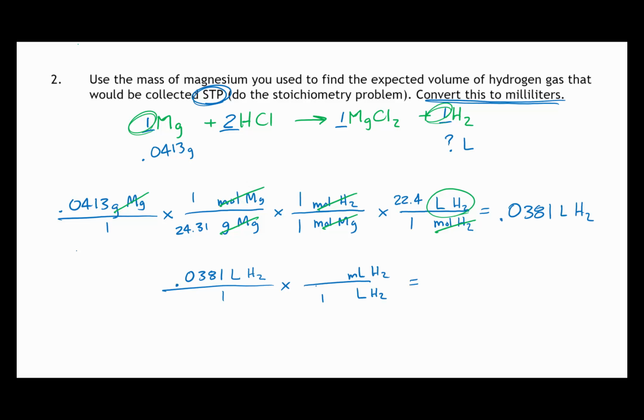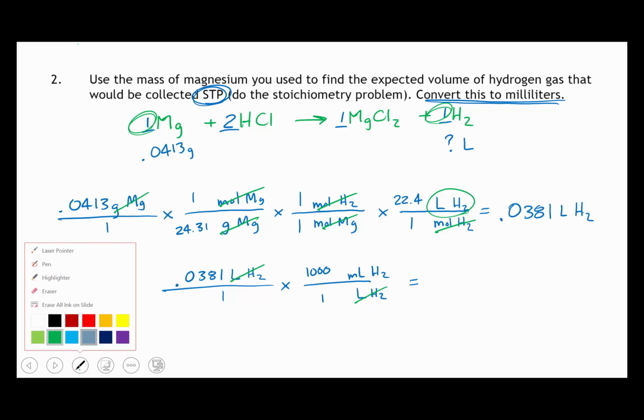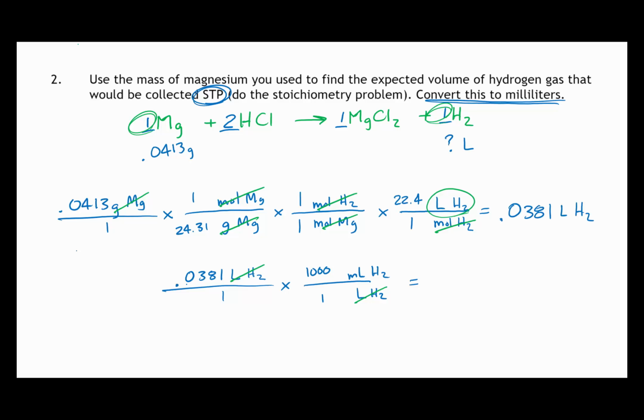The milliliter to liter ratio is 1,000 milliliters for every 1 liter. Go ahead and cross out some units here. I don't really need a calculator for this. I can see the answer is just going to have a decimal that's moved 3 times over, which would be 38.1 milliliters. It's the volume of hydrogen gas that I would have collected if conditions were at standard temperature and pressure. And this is the end of calculation 2.